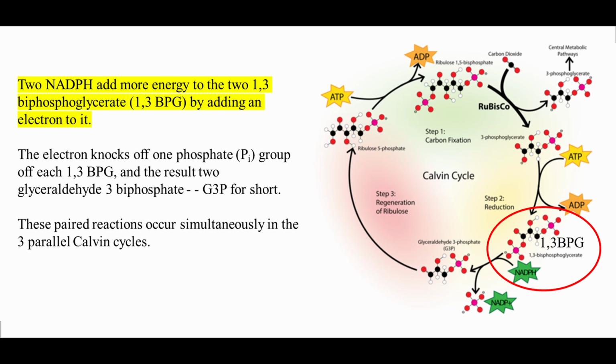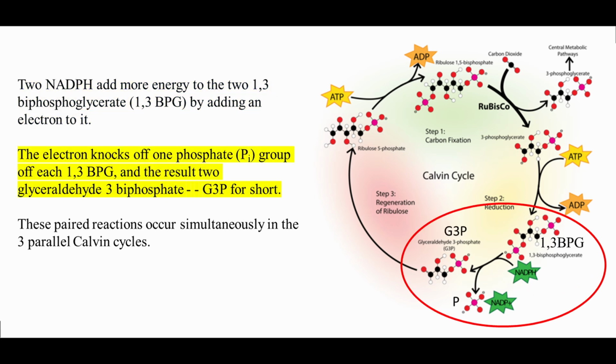Upon the formation of the 2 1,3-bisphosphoglycerate, 1,3-BPG, the 2 NADPH formed in the photosynthetic electron transport chain add more energy to the 2 1,3-BPG by adding an electron to it. The electron knocks off 1 phosphate, Pi, group off each 1,3-BPG, and the result is glyceraldehyde 3-phosphate, G3P for short.